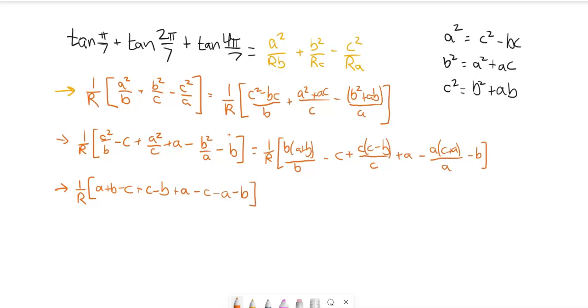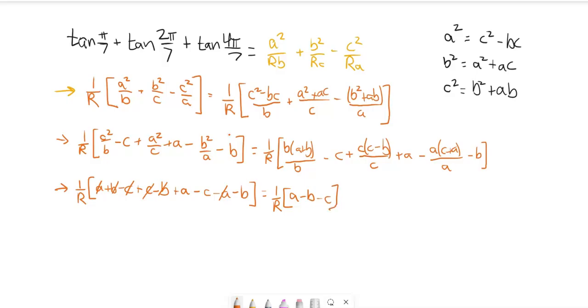And the nice thing is we have a number of cancellations. I can cancel an a with a negative a, b with a negative b, and a c with a negative c, and what I'm left with is 1 over R times a minus b minus c in that particular setup.